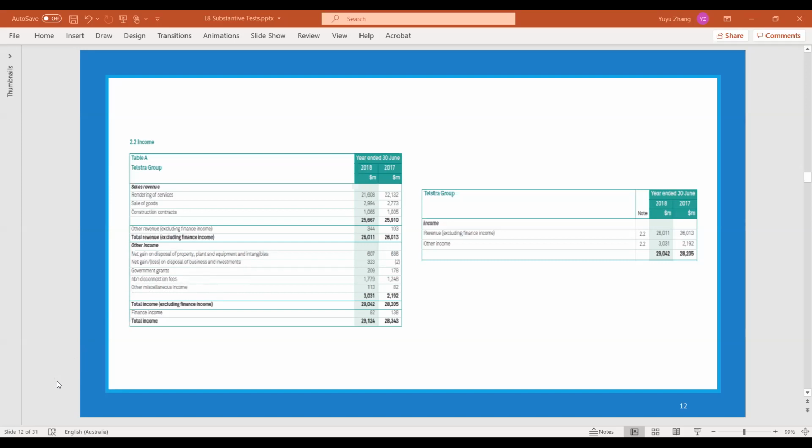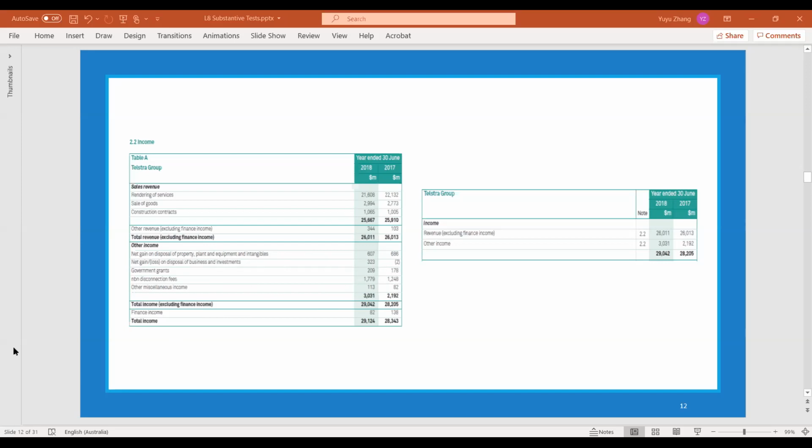Yeah, I have some concern about the net gain or loss on disposal of business and investment because the change is too much, like from negative 2 to about positive 300. So from -2 to $300 million just in 1 year. So the change needs attention. So of course we get the management explanation first, and then if it's not enough, we would like to investigate this account, right?